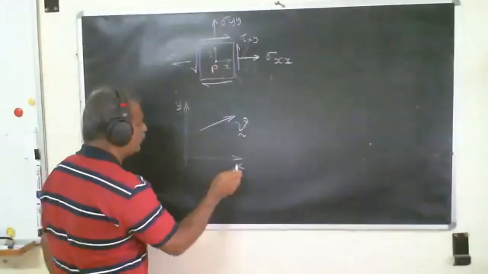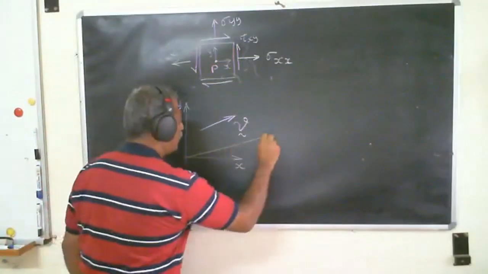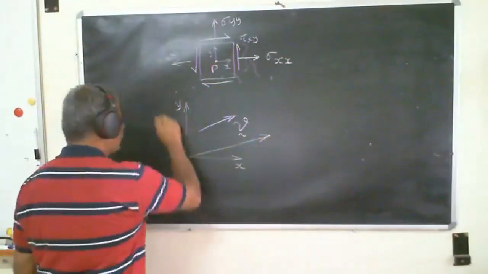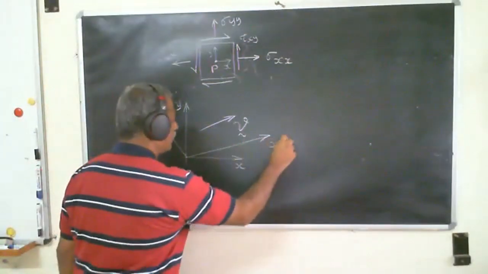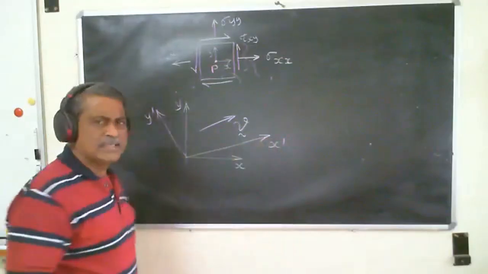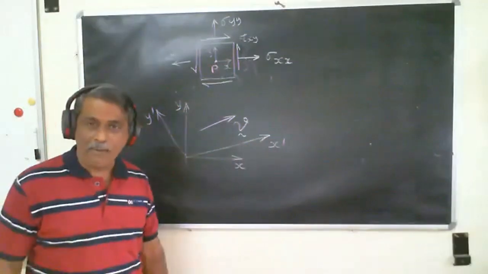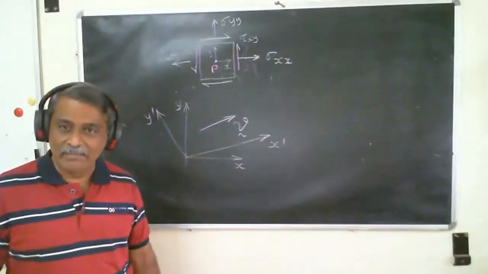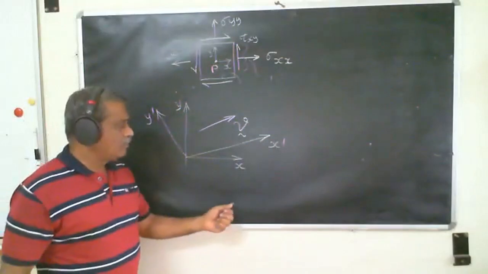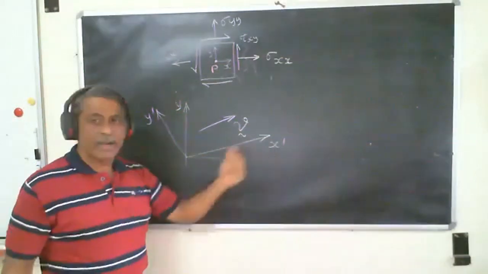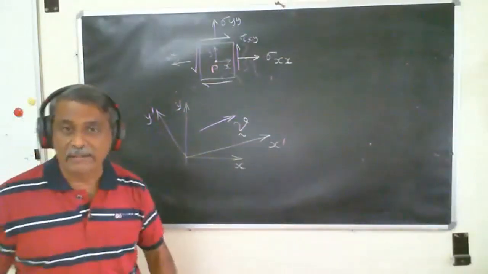Supposing I change it, I don't like this X and Y. I only like X prime and Y prime. Is my liking okay first? You will respect my liking? All right, okay. Now, what's the difference between this X and X prime?